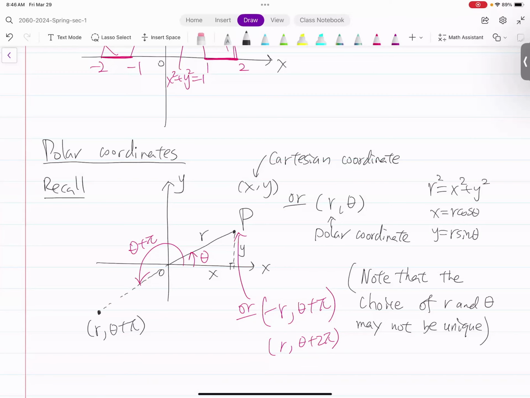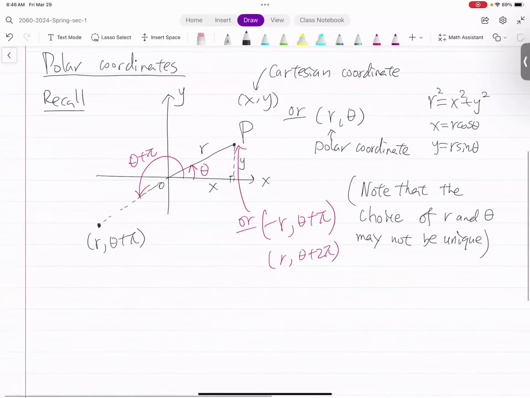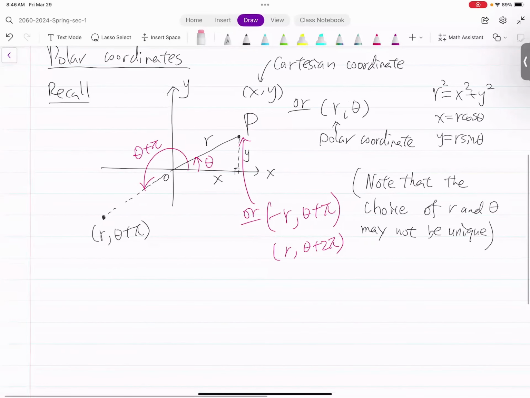So here for polar coordinates, this is something you have seen, that you want to carefully decide the range of r and theta. So that's going to be also important when we decide the region for double integrals. All right.